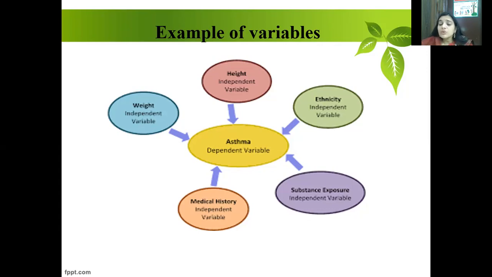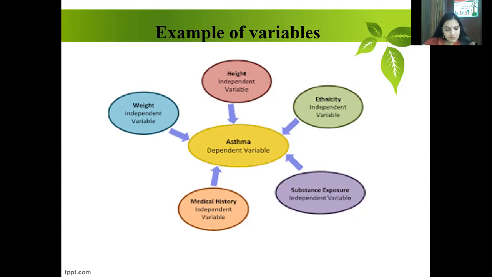If you are more exposed to dust and some such areas which are not green, which are more polluted, then you are more likely to have asthma. So these are the things. If your medical history is not very good, you don't carry very good immunity, then also you are more exposed to this particular disease. So these are the things which we consider while deciding whether this is the dependent variable or an independent variable.